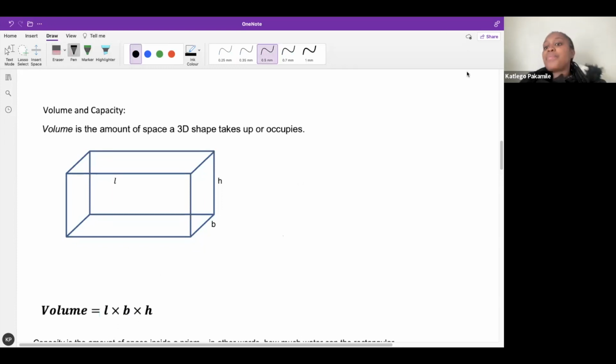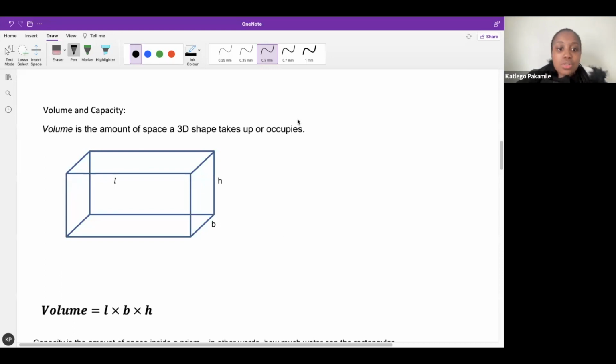Now let's talk about, what is this thing called? I can't believe my brain just blanked out. Units. How many dimensions are we multiplying here? Length times breadth times height. How many are we multiplying? Thank you, Mulimo. 3.